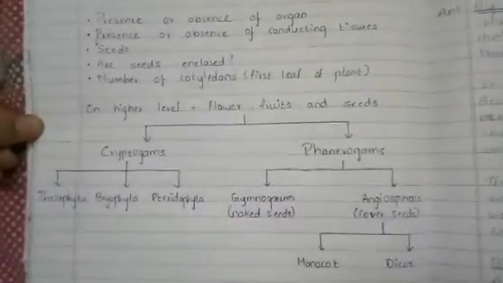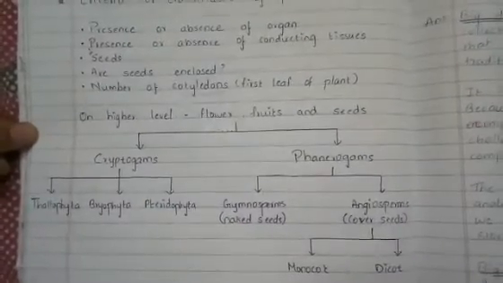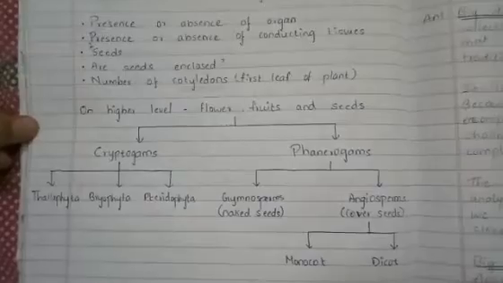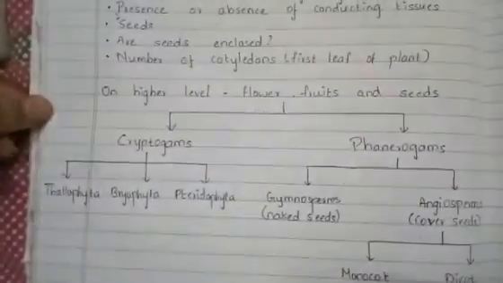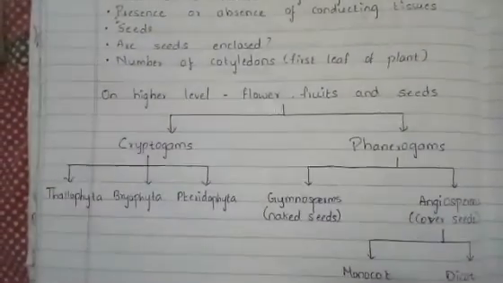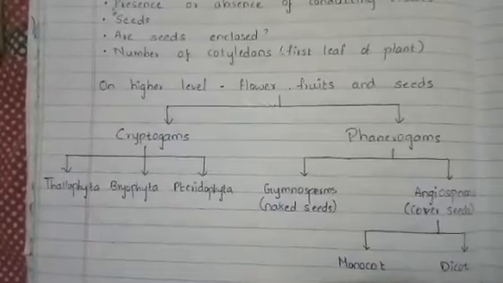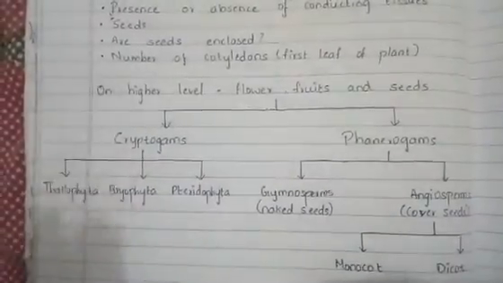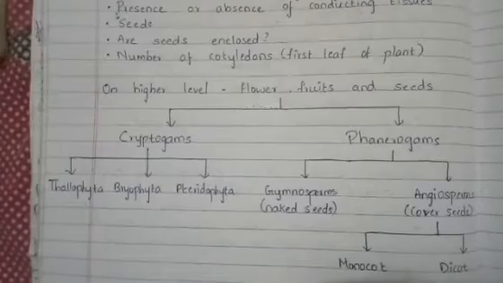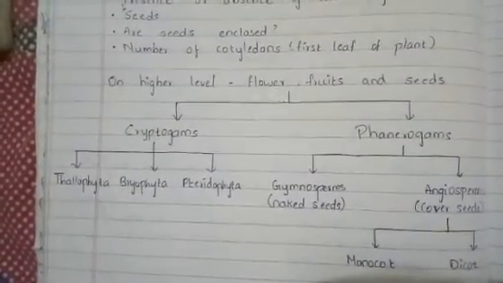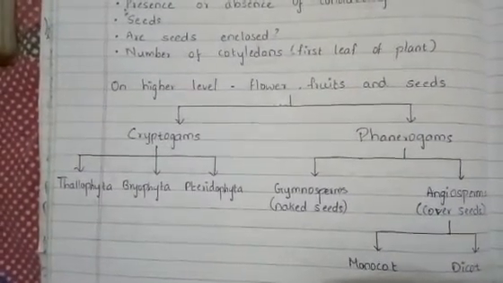Okay, so now we have discussed all the criteria for the classification of plants, on the basis of which the plants can be classified into different categories. These were some basic criteria of classification of a plant.